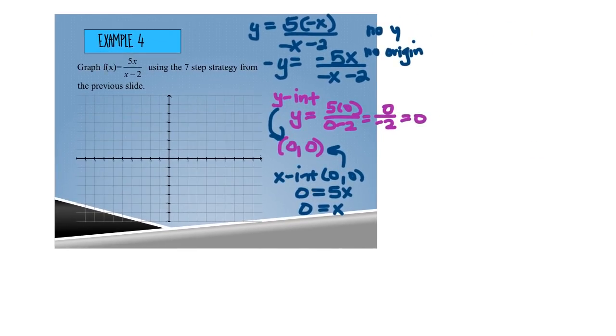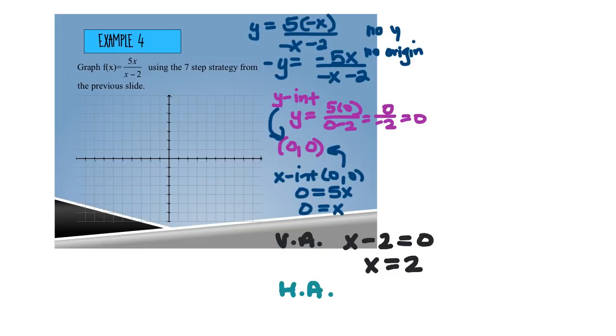Then go through your asymptotes. So my vertical asymptote comes by setting my denominator equal to 0. I get x equals 2. And then my horizontal asymptote, look at both the numerator and the denominator. The degree of both is 1.